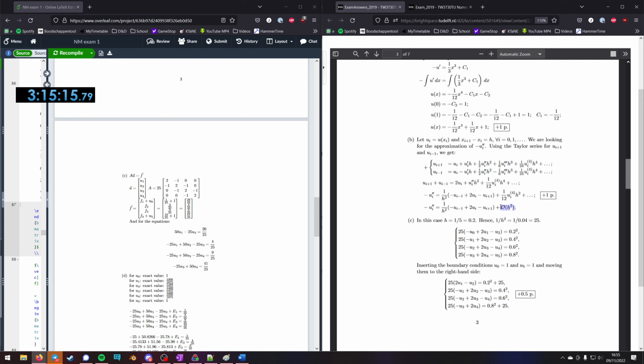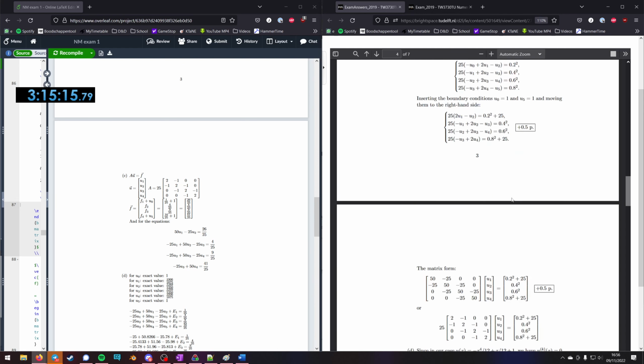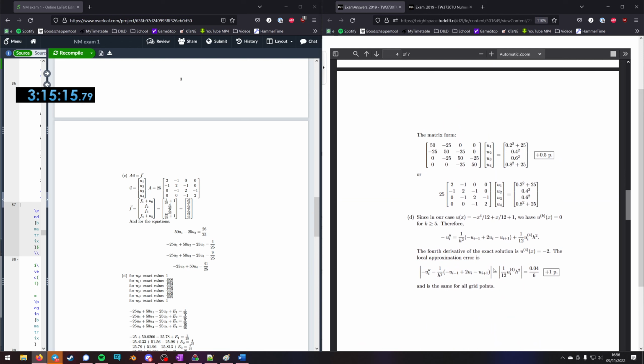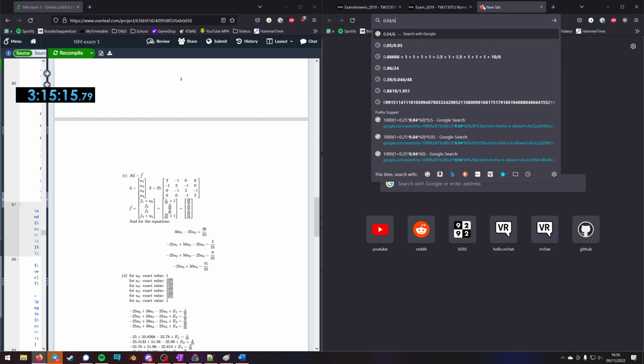So the only error we have is this O(h squared) term, which is nothing more than minus u double derivative i minus the other part. And that's how you get the local error, apparently. So that is much easier. And then this 2 times 1 over 12 divided by 25, like that. So the answer I have is correct.